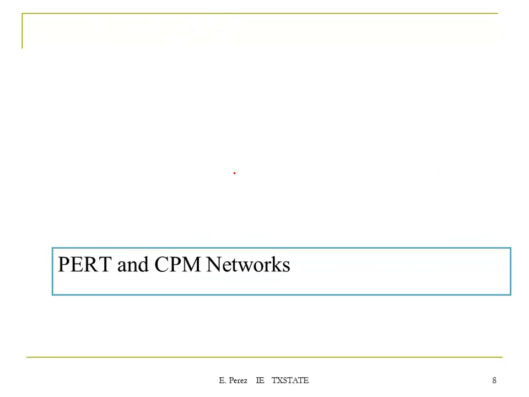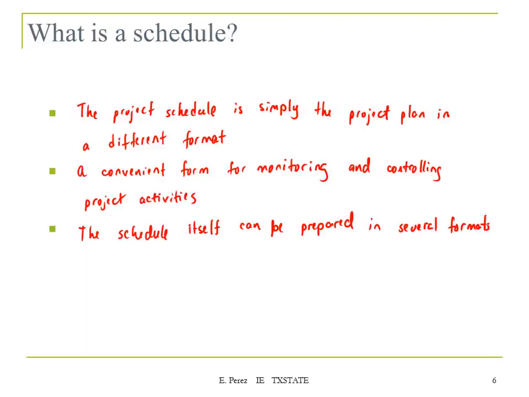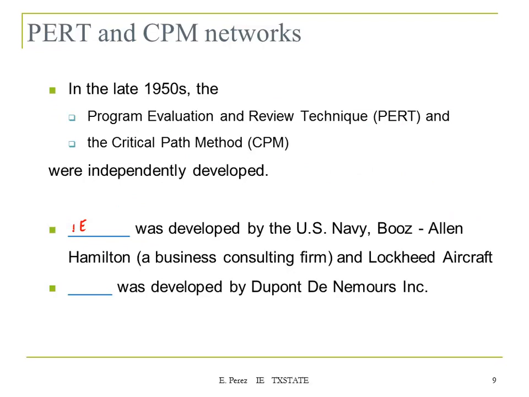So PERT and CPM networks. These diagrams were developed in the late 1950s, and they stand for Program Evaluation and Review Technique, that's PERT, and the Critical Path Method, that's CPM. They were independently developed. PERT was developed by the U.S. Navy, Booz Allen Hamilton, a business consulting firm, and Lockheed Aircraft.